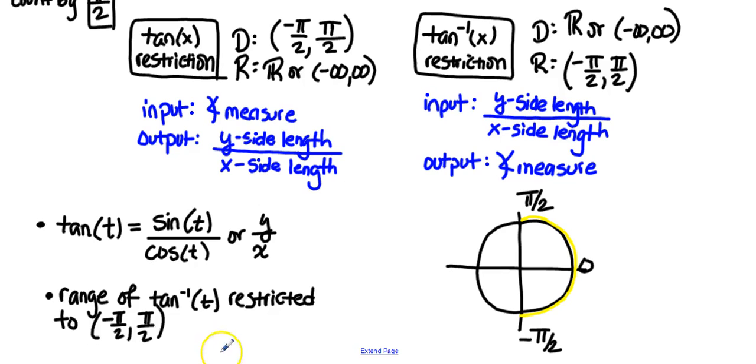But notice we have a new piece here. Remember, these parentheses mean I cannot equal those two values. So please clearly make an open circle at each of those points. We cannot equal negative pi over 2 or pi over 2.